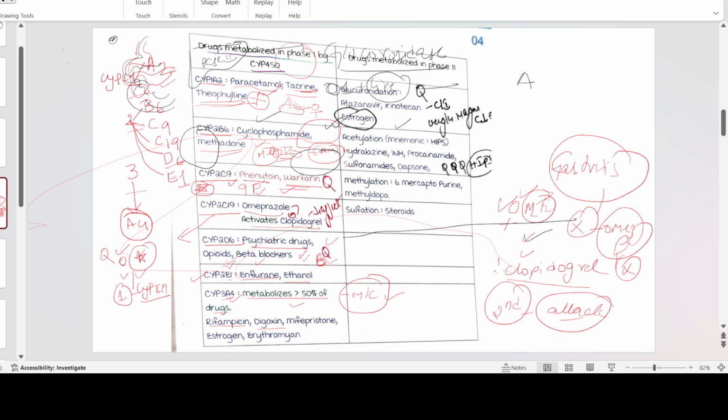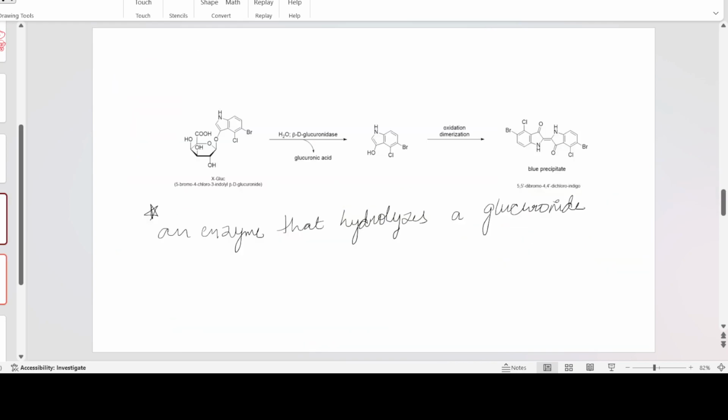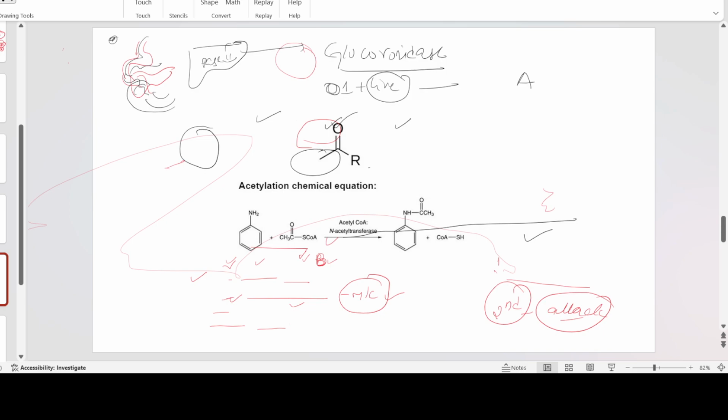But we need to understand there are some drugs, like hydralazine, for which they have given the mnemonic HIPS. H for hydralazine, I for isoniazid, P for procainamide, S for sulfonamides, and D for dapsone. These drugs undergo the phase 2 reaction by acetylation.